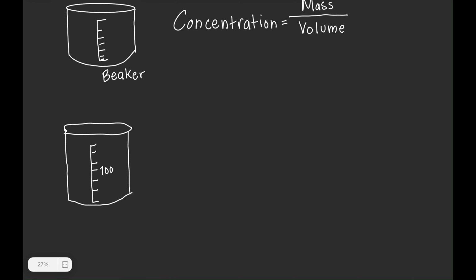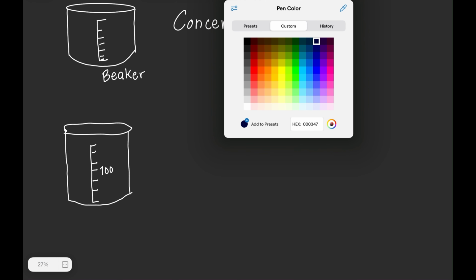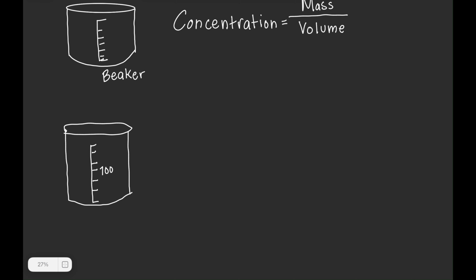We're going to fill it with some water, so let's get some fluid in here, and we'll fill it to this 100 mark. Remember last time we talked about the meniscus. So the meniscus is right at 100, and so we have about 100 milliliters of fluid in this beaker or graduated cylinder.